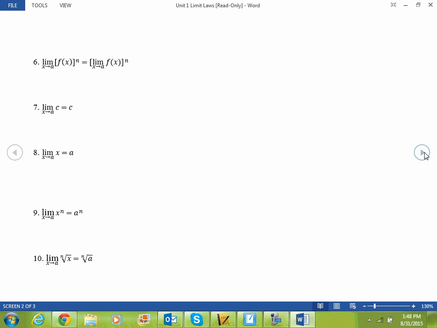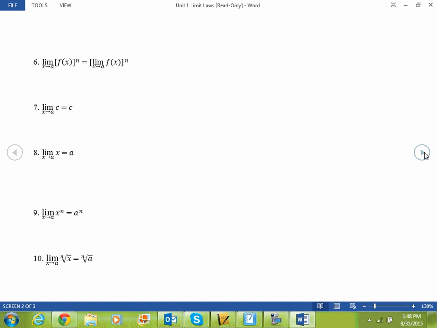The limit of any constant is just that constant, is what number 7 says. And the limit of the function x is just equal to whatever you're evaluating. Same thing for the limit as x approaches a of x to some exponent. You're just going to plug in a, so you get a to that exponent. Same thing with a root function.